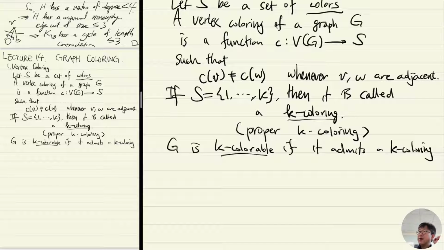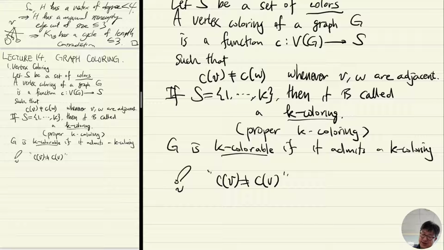Now, there may be different definitions, but for us we're going to say that only loopless graphs admit proper coloring. Is it okay? So if I have a loop, then you can never make C(V) differ from C(V). This is impossible on the current definition, because if I have a loop, V is adjacent to itself.